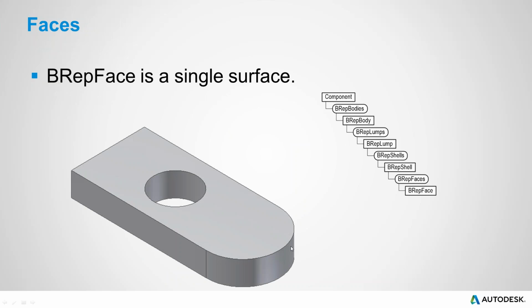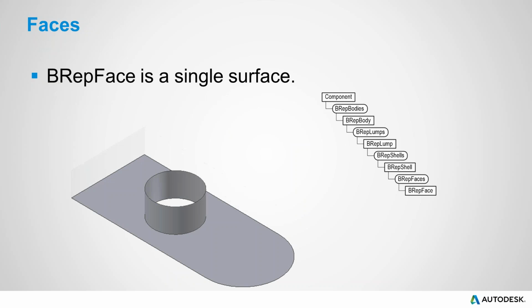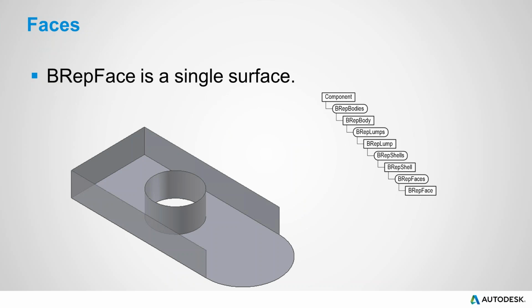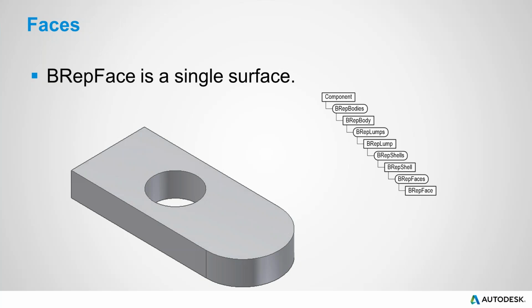All right, and then the next level down is from a shell. I can get the faces that make up that shell, and a face is each of the single surfaces that make up that body. I don't know how this will paint for people, but you'll probably see it: the part we're looking at now is made up of 7 individual faces, and each one of those is represented by a BREP face object.